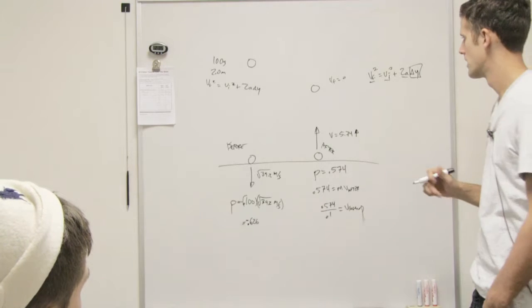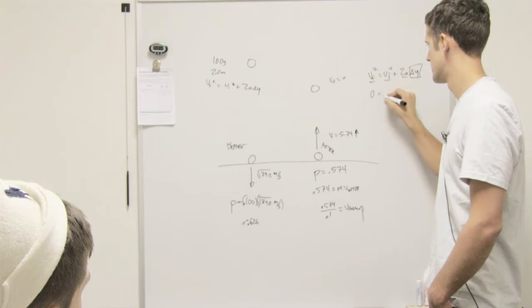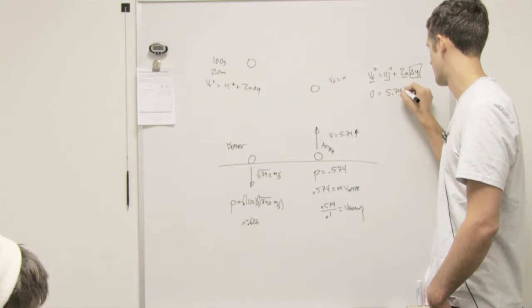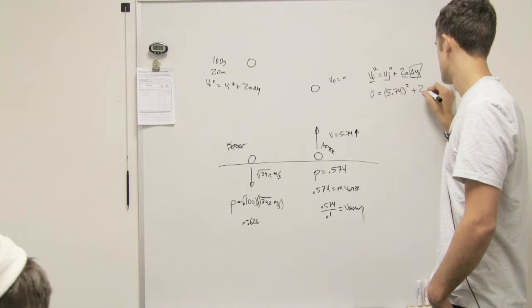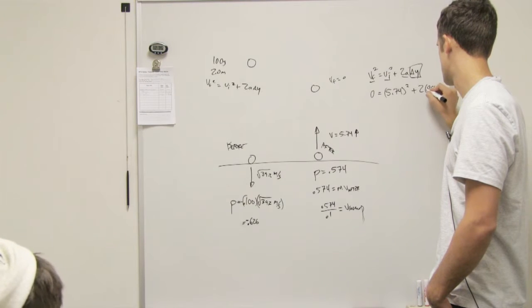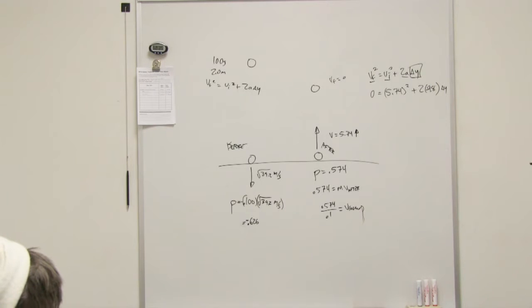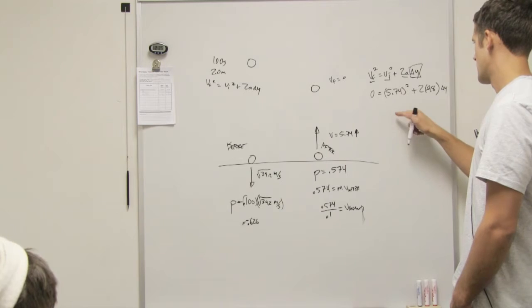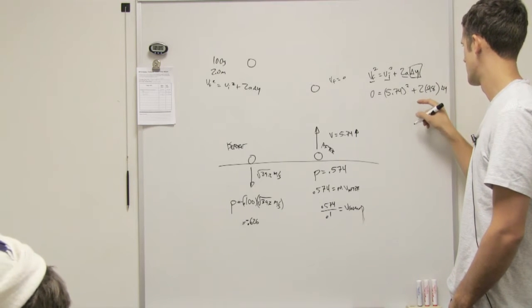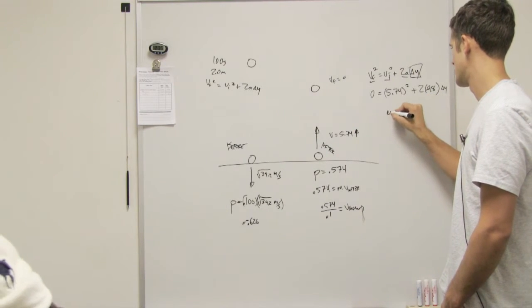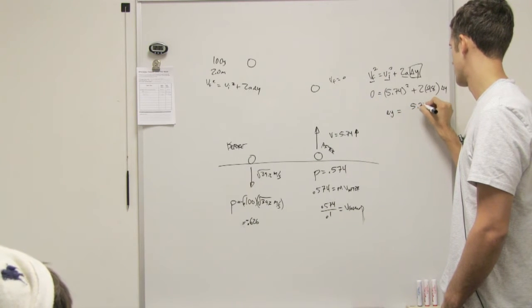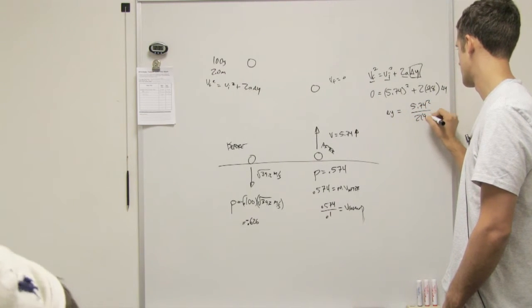Right? So if the final velocity is 0, our initial is 5.74, square that, 2 times 9.8 delta Y. See where all that came from? And we're going to solve for delta y. Yep. Okay. So we'll add this to the other side, and then divide by this. So we'll have delta y equals 5.74 squared over 2 times 9.8.